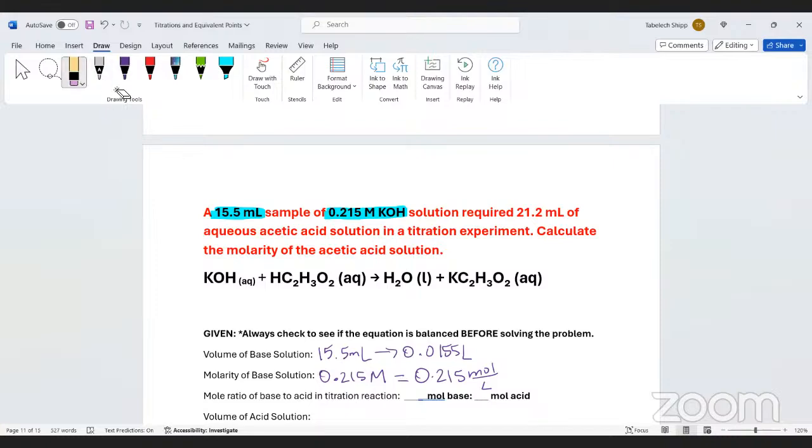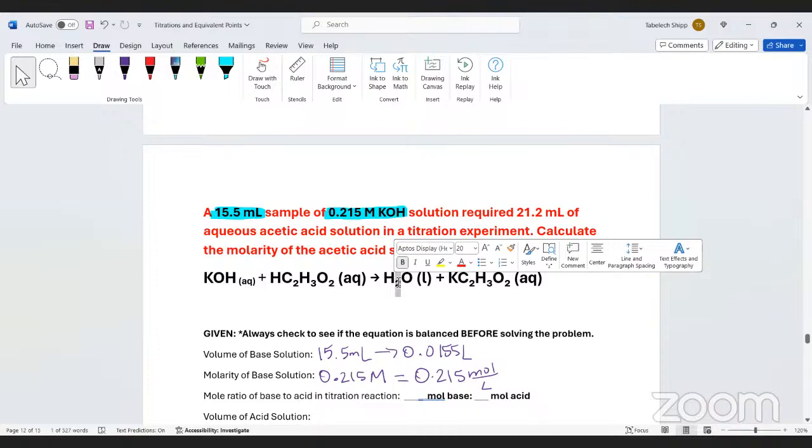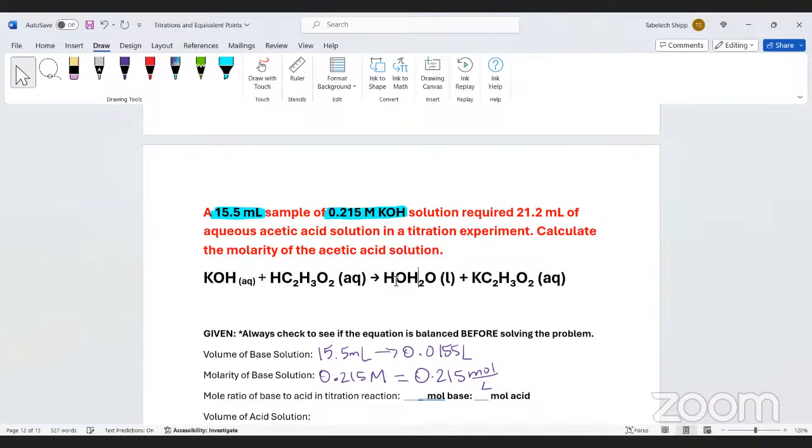As a matter of fact, I'm going to rewrite H2O as HOH because that's going to make things a little easier to see, okay? It's the same thing as H2O, but I like to make things simplified, okay? So right here, I've got my H's in check. I got my OH's in check. I got my K's. So this reaction is balanced.